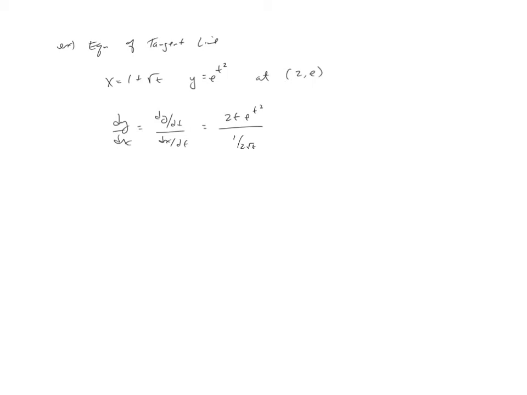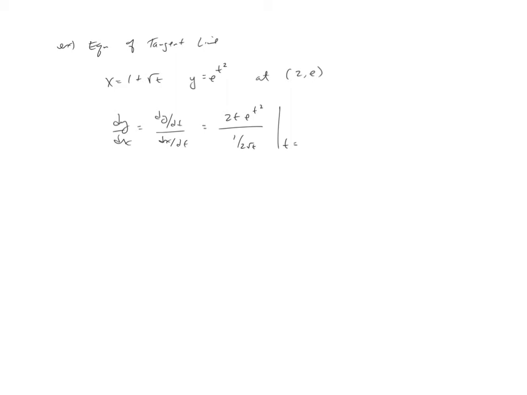Now you can clean that up if you want to, but I'm going to go ahead and just evaluate this now at t equals something. Now we have to figure out what t equals. Well, if you reverse engineer this a little bit and we let x equal 2, or let's say y equals e, when we plug that in, then we can come up with a way of figuring out what t would need to be.